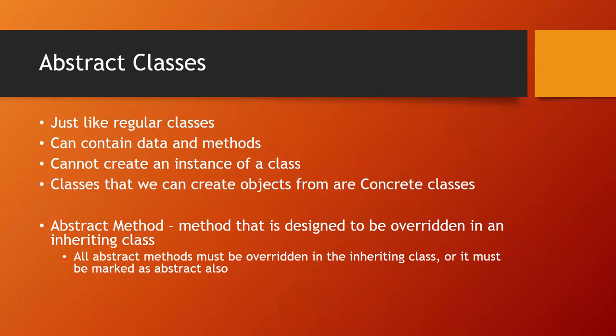Within our abstract class, we can have abstract methods. And if we have abstract methods in our abstract class, those methods are more of just a placeholder, a signature. They are designed to tell any inheriting classes that they must override these methods. So we can't just have these abstract methods hanging around in our abstract class.